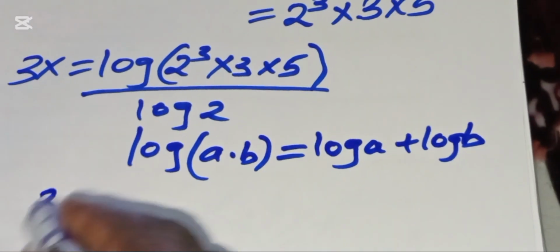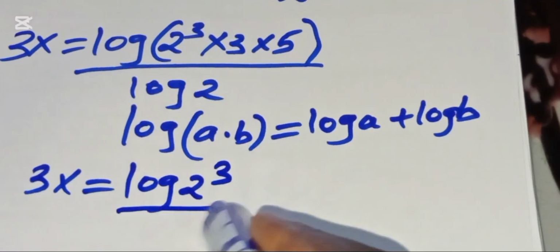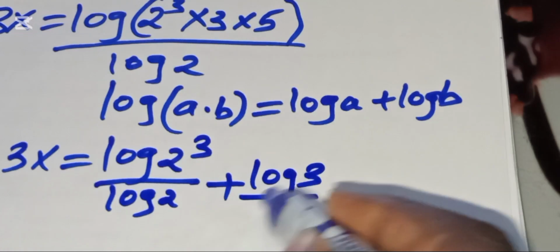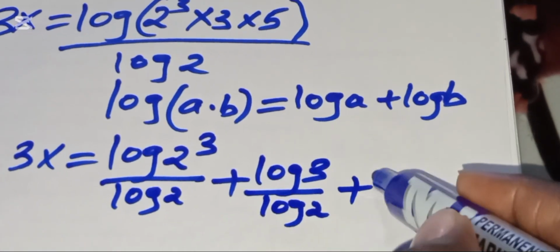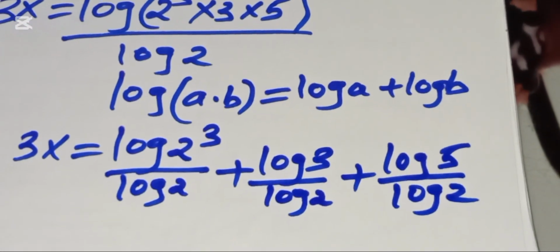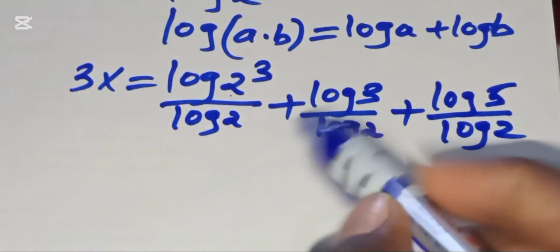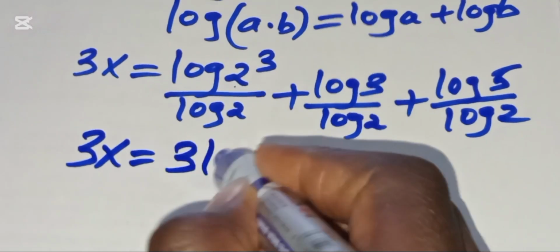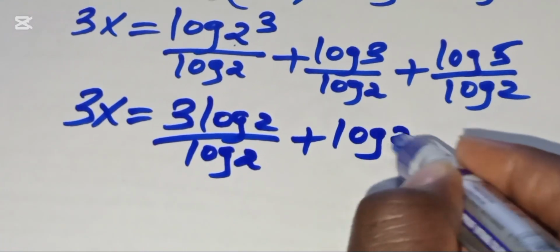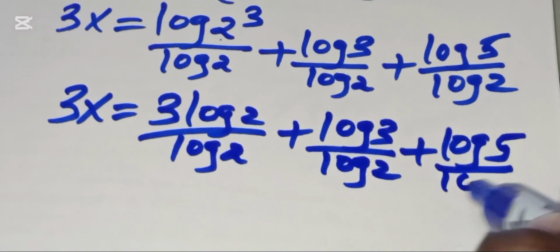We're going to have 3x equal to log 2 raised to power 3 divided by log 2, plus log 3 divided by log 2, plus log 5 divided by log 2. Now applying the power rule property, log 2 cubed is the same thing as 3 log 2, divided by log 2, plus log 3 divided by log 2, plus log 5 divided by log 2.